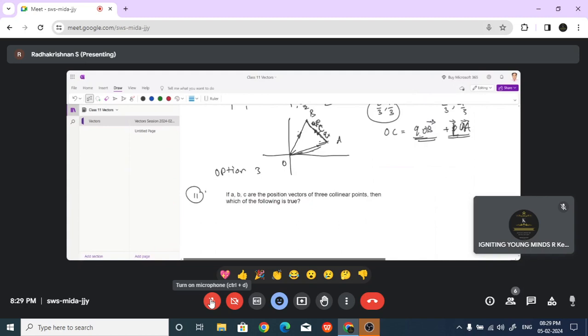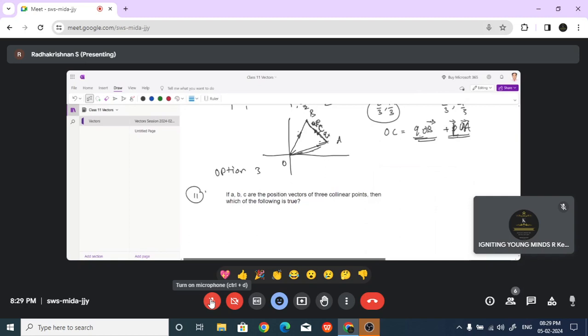So what are the options? I think typing will not work, so I have to write it down.